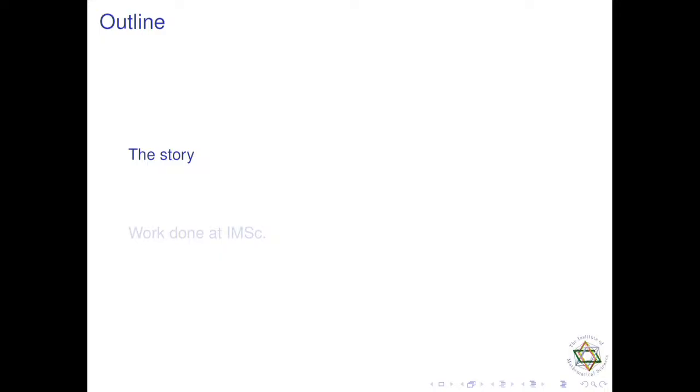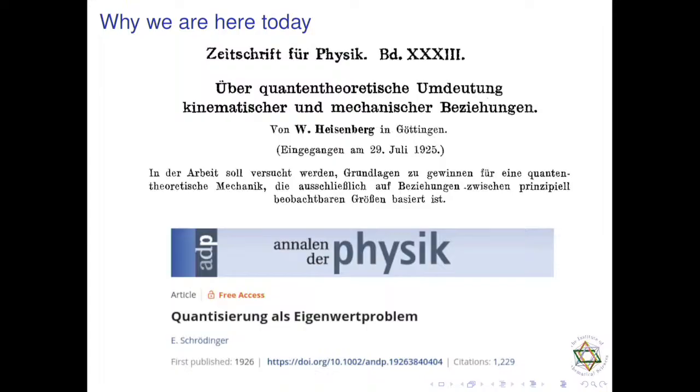So let's start from the very beginning. This is why we are here today. These are the two papers, one by Heisenberg in 1925 and the other by Schrodinger in 1926, which we consider laid out the foundation of quantum mechanics as we use it today.